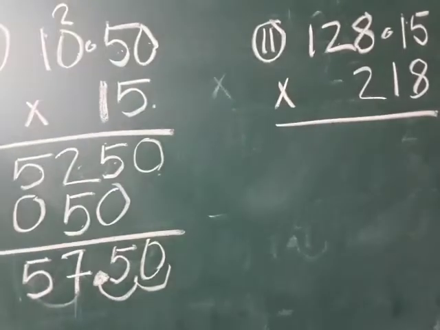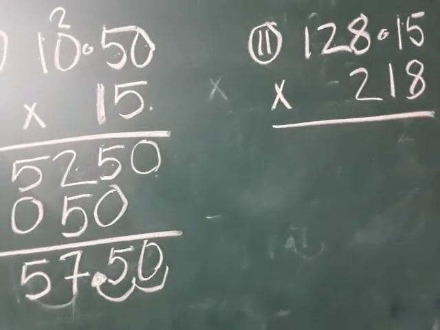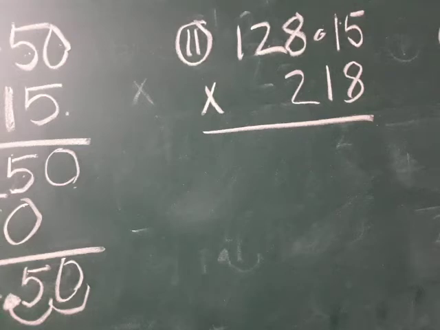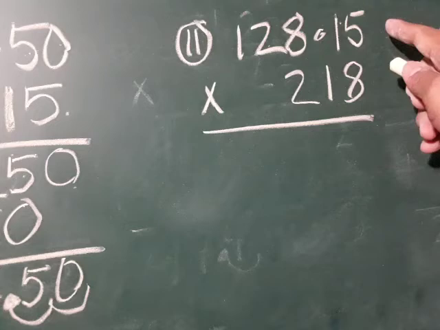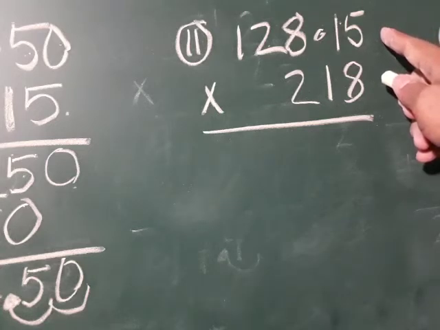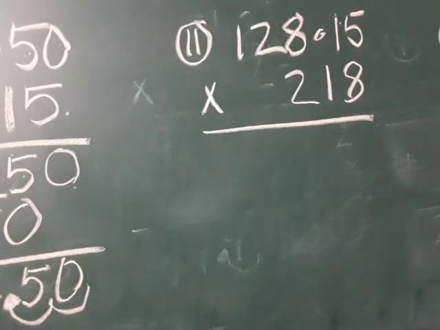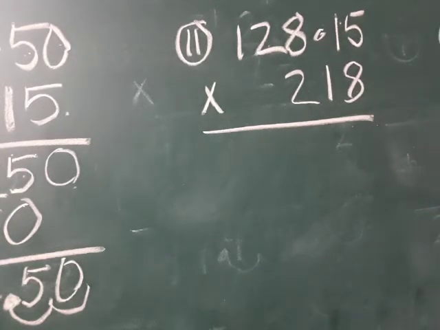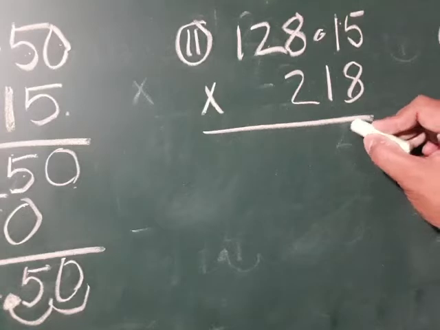Next, example number 11. 128.15 times 218. So this is a product of decimal and whole number. So let's proceed. 8 times 5 is equal to 40.